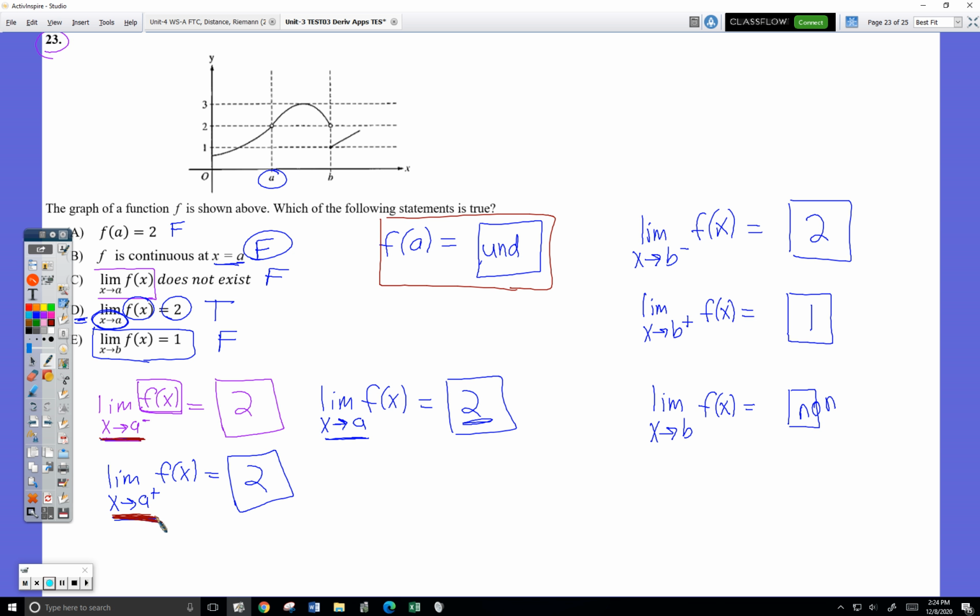So how would you write that? Like just say f of A equals undefined and that will explain it. If it was the written section and they said to justify why f is not continuous at x equals A, I would have to write this.